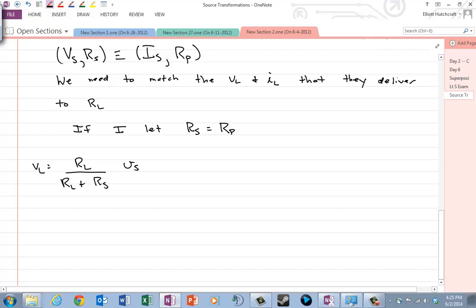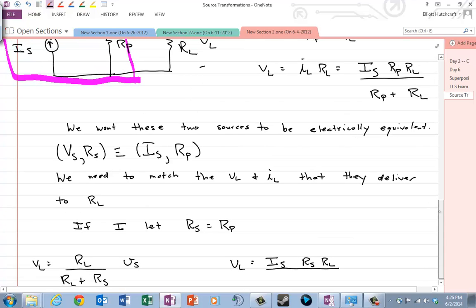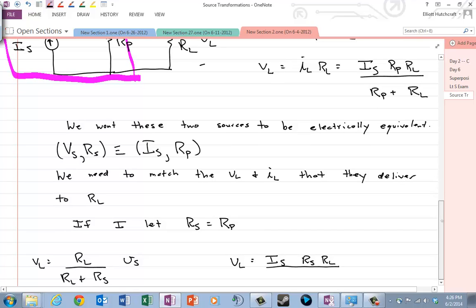And for the current source, I had that VL was IS RP RL over RP plus RL, but remember I'm going to say let RS equal RP, so I'm going to do that in this one.